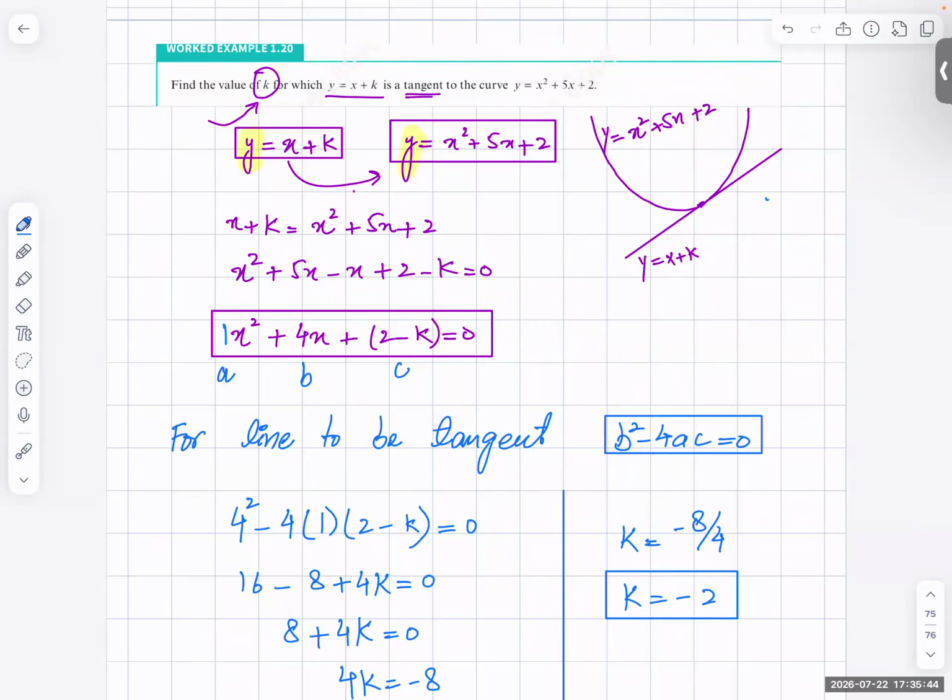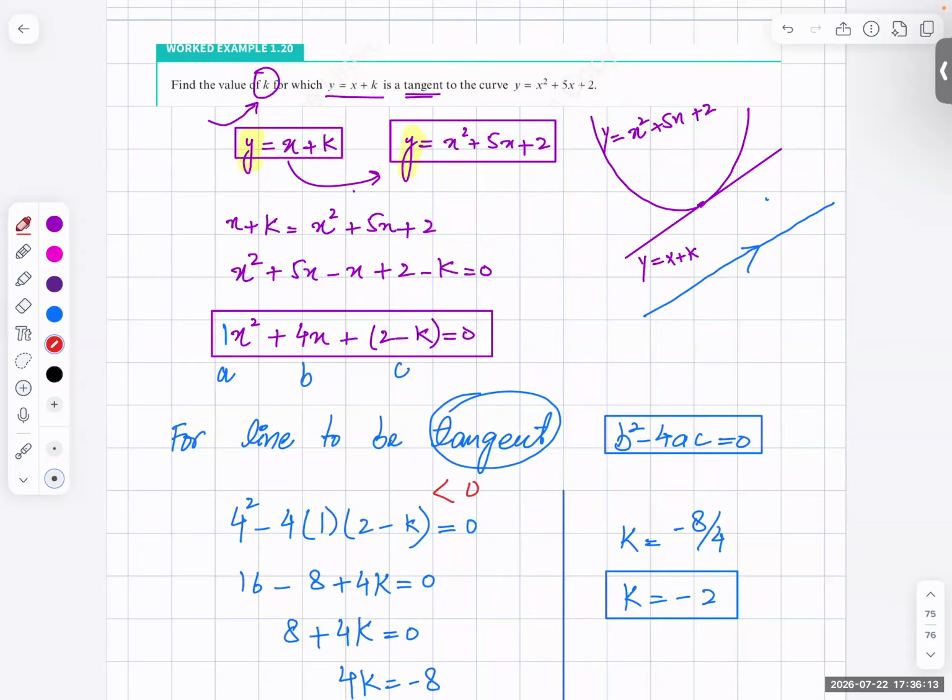Hello? No. Be quick, beta. Tell me. Okay, Ayan. Now in this scenario, for example, if they say find the value of k for which this line does not intersect the curve, that would mean it's passing by the curve and not intersecting it, right? We would do everything the same, but here, since it has to be not intersecting, we simply put the discriminant less than 0, okay?